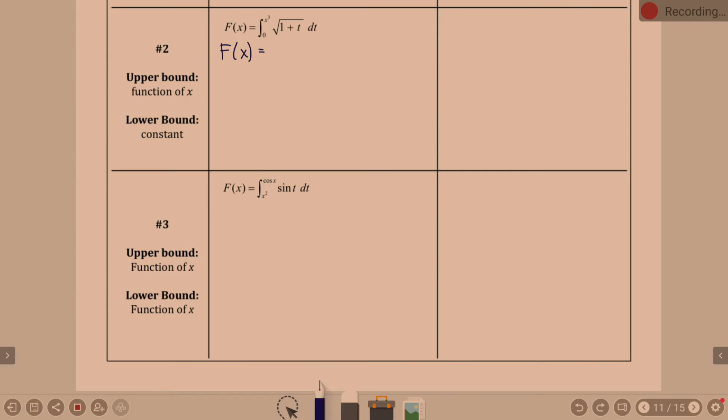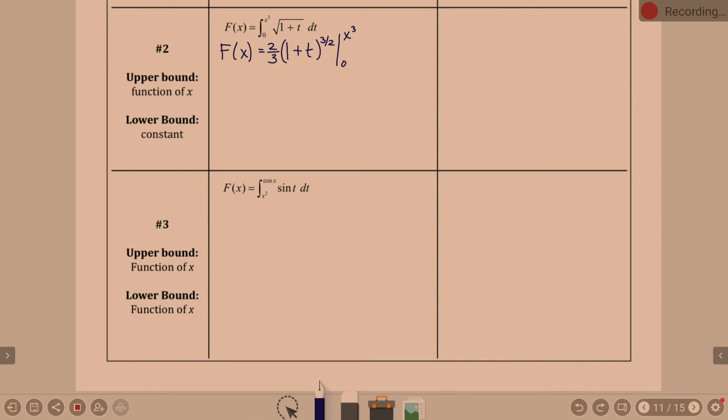So what's the integral of 1 plus t to the 1/2? 1 plus t to the, add 1 to the power, 3/2. Then what do you have to do also? If you add 1 to the power, you get 3/2. We're dividing by 3/2, which is 2/3. So 2/3, 1 plus t to the 3/2. And that's evaluated from 0 to x cubed.